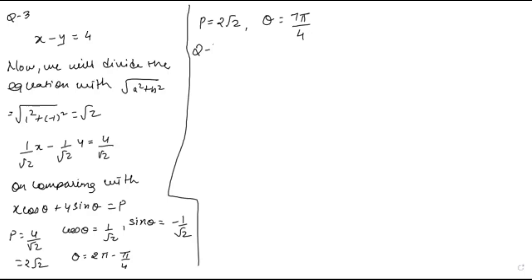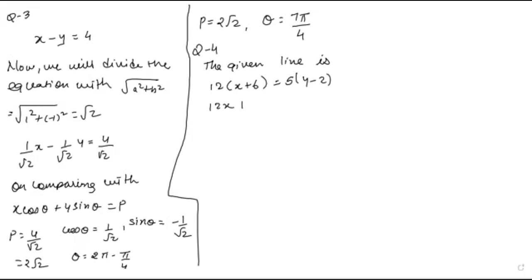Let's try to understand the fourth question. Find the distance of a point minus 1 comma 1 from the line. The given line is 12 times x plus 6 is equal to 5 times y minus 2.